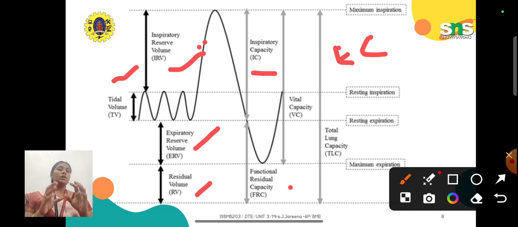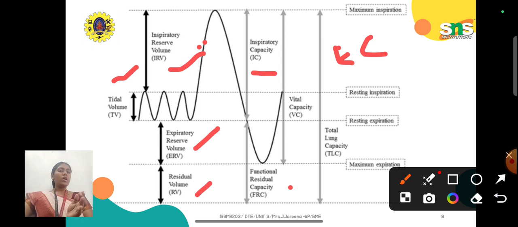The reason is that when you are having normal breathing, that is the normal expiration, there will still be some gas left over in the lungs. Unless we make an extra effort to exhale, the expiratory reserve volume will not get out of your body; until then it remains inside the lungs. That is the reason that for measuring the functional residual capacity we take the expiratory reserve volume into consideration. Adding residual volume with expiratory reserve volume gives the overall functional residual capacity.